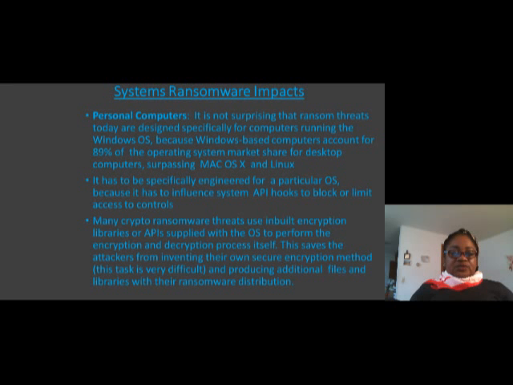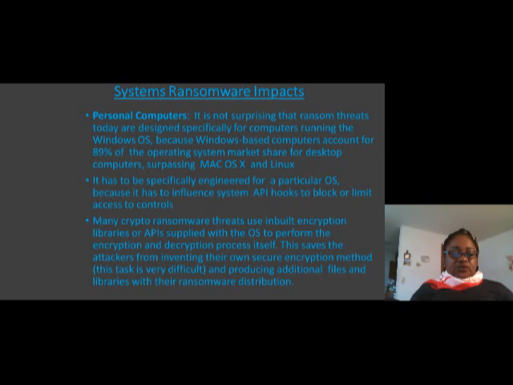Systems that ransomware impacts: personal computers. It's not surprising that ransomware threats today are designed specifically for computers running the Windows operating system, because Windows-based computers account for 89% of the operating system market share for desktop computers, surpassing Mac OS X and Linux. The ransomware has to be specifically engineered for a particular operating system because it has to influence system API hooks to block or limit access to controls.